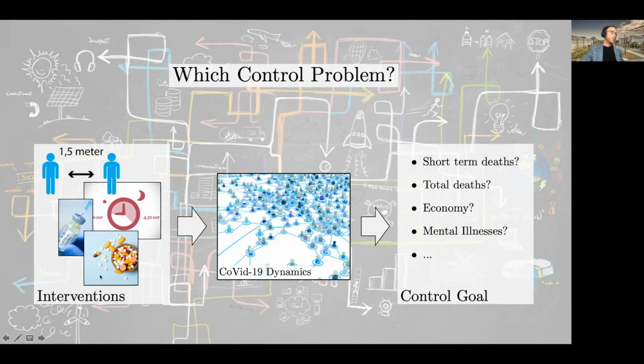For what concerns the inputs, there are a bunch of possible things that we can do to attack the spreading of the pandemic. In this work, we will focus on non-medical intervention, modeling them generically as social distancing or as reduction of the chance of infecting one subject. Yet it remains open what we mean by COVID-19 dynamics and what we want to choose as our control goal.